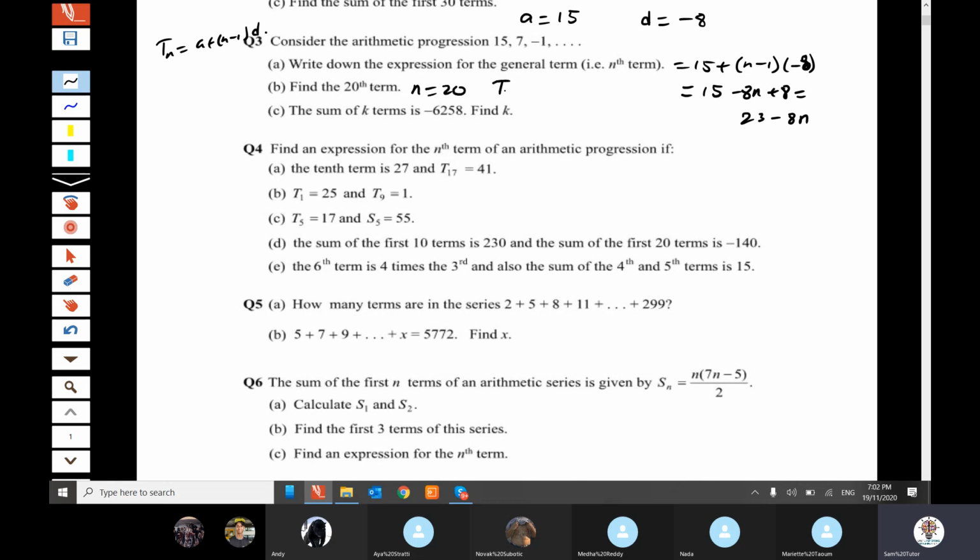So that means the 20th term, T20, becomes 23 minus 8 times 20. Whatever that is. Negative 137.